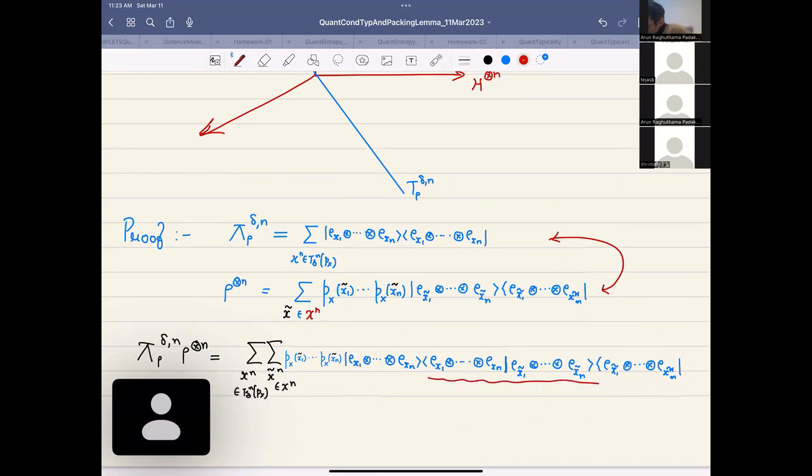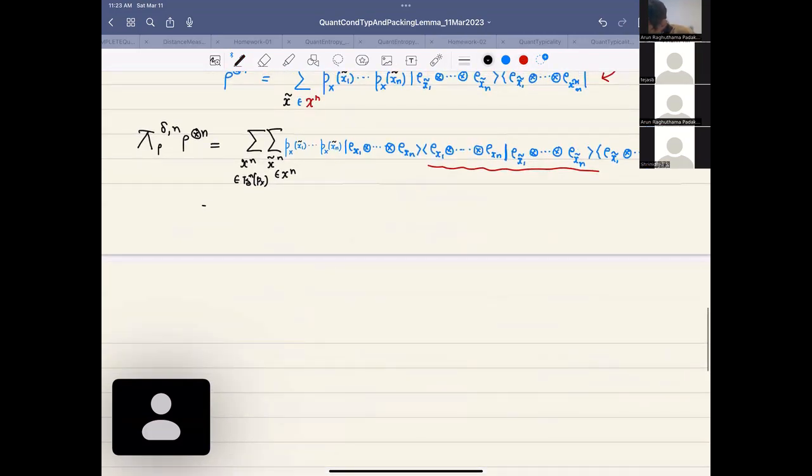So you will essentially have just one summation, over x^n belonging to T delta n of P_X. The rest of the terms just go off. P_X(x1) all the way until P_X(xn), times |e_{x1}...e_{xn}><e_{x1}...e_{xn}|.